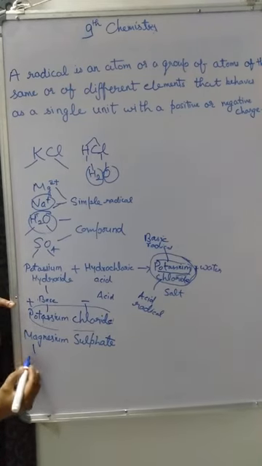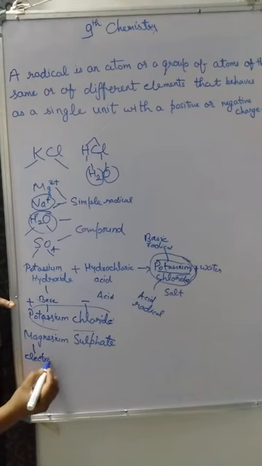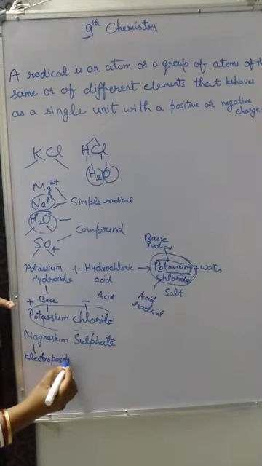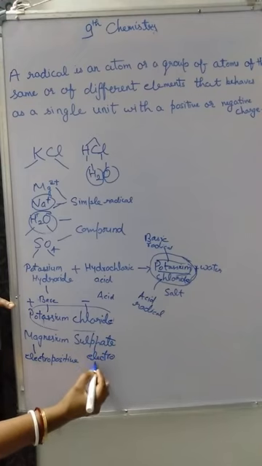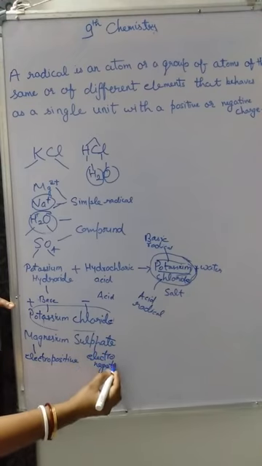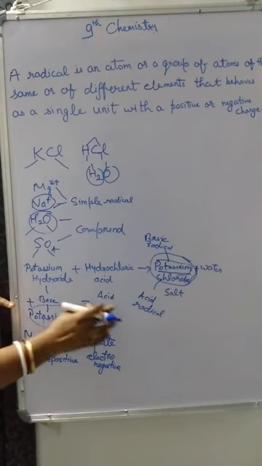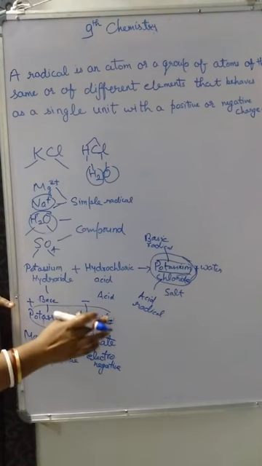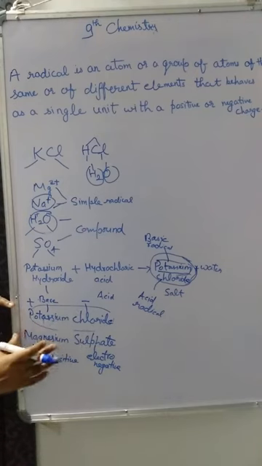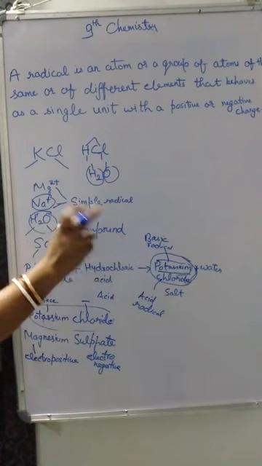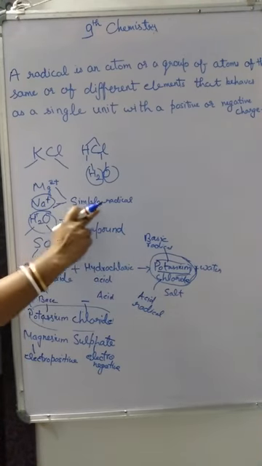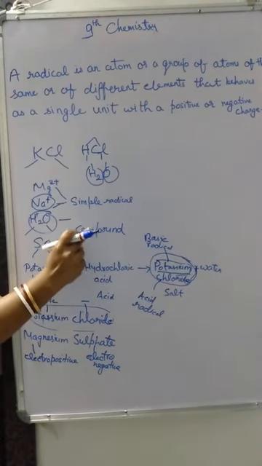This magnesium is electropositive and this sulfate is electronegative. So a radical is a group of atoms of different elements that behave as a single unit with positive or negative charge. In every compound radical, I am not talking about simple radicals, I am talking about compound radicals.